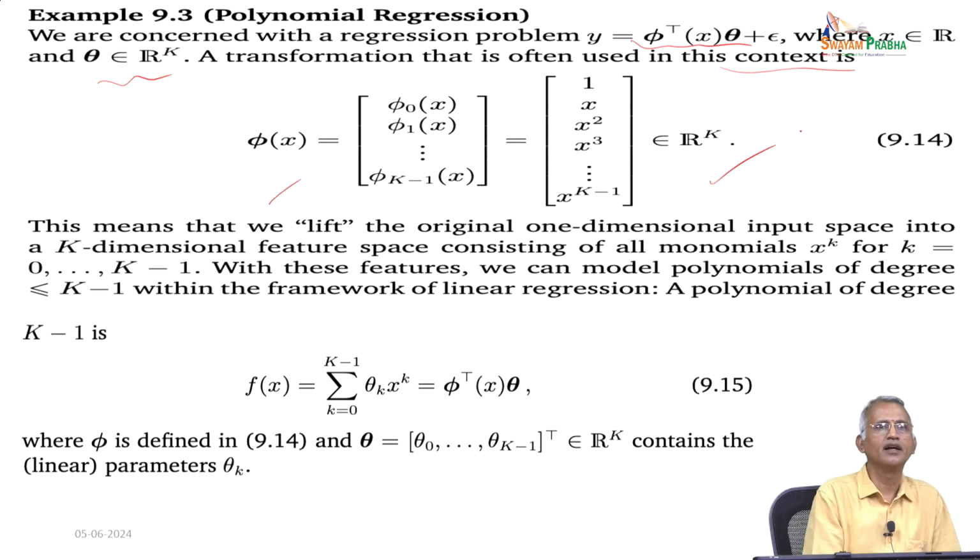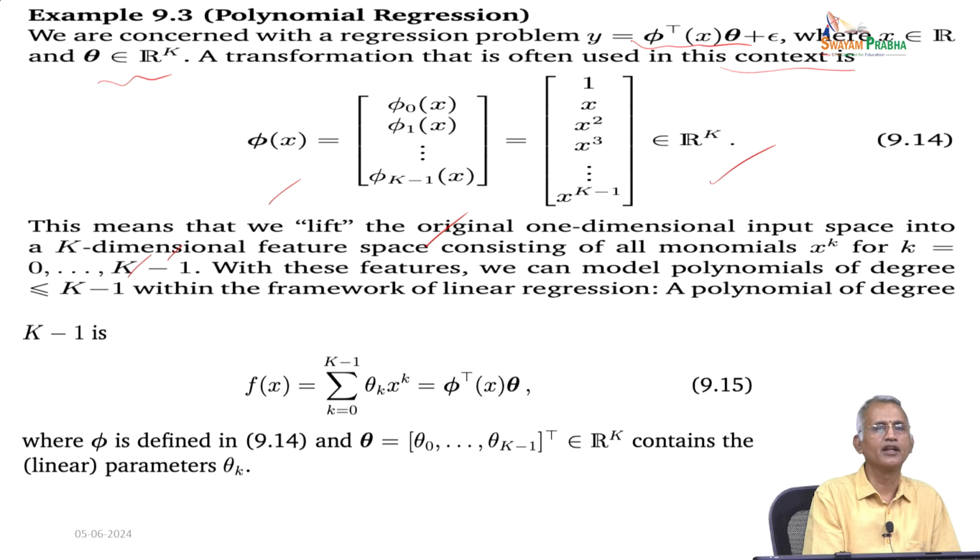So, this means that we lift the original one dimensional input space into k dimensional feature space consisting of all monomials x power k for k equal to 0 to k minus 1. With these features, we can model the polynomials of degrees less than or equal to k minus 1 within the framework of linear regression.